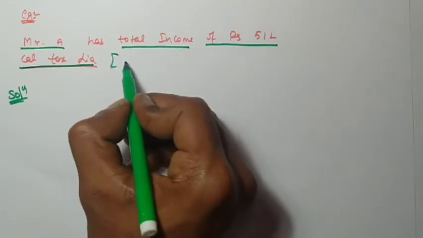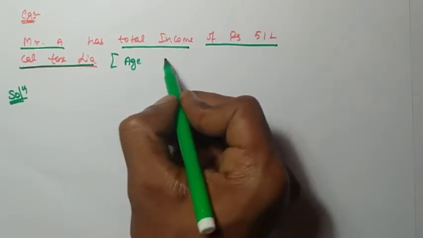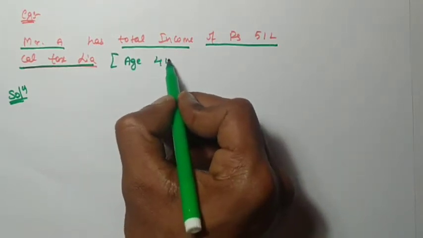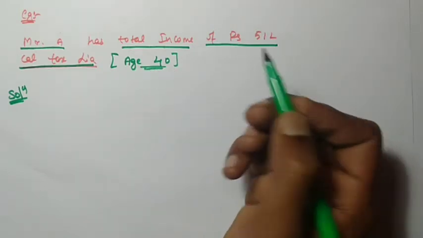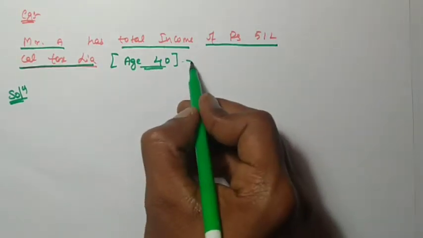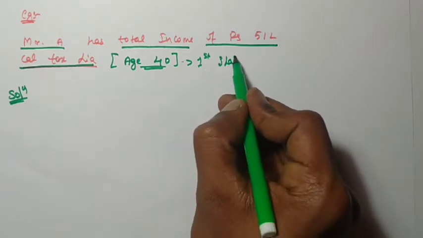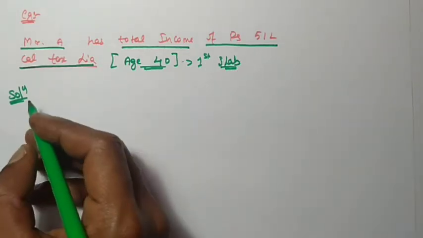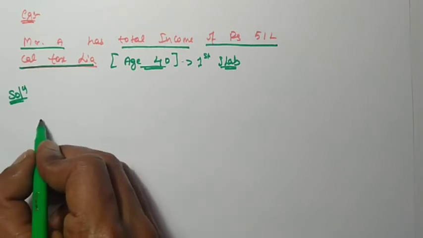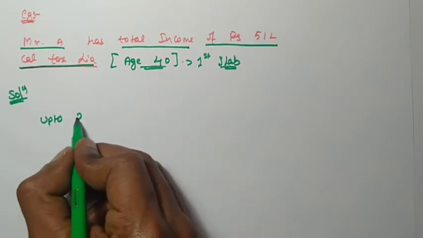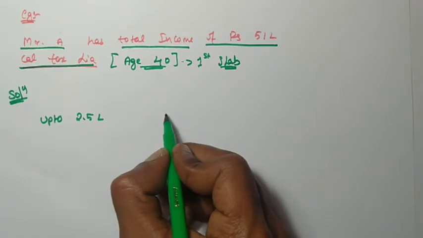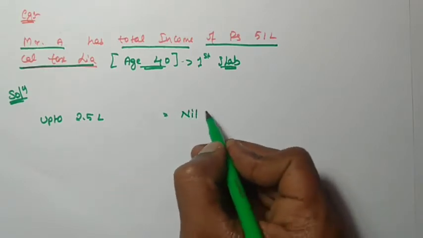Here age is 40. He falls under first slab, right? Next, up to 2.5 lakh, nil rate of tax.